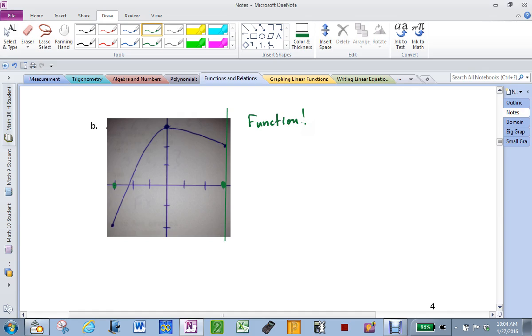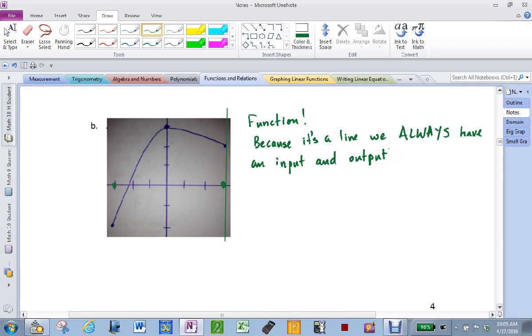All right? Now, this is where it gets weird. Because it's a line, we always have an input and output, don't we? Because of what I just said, yes?